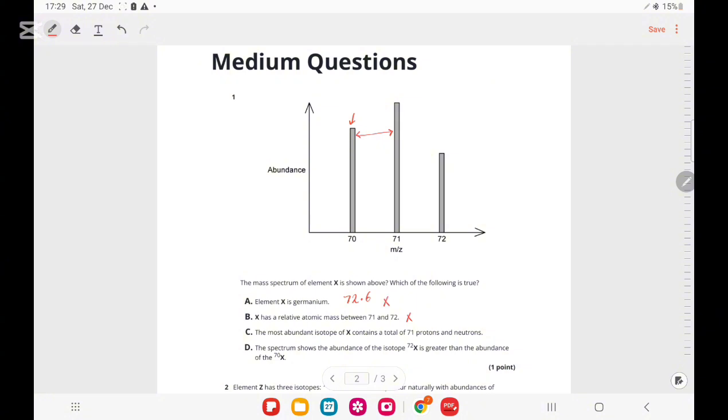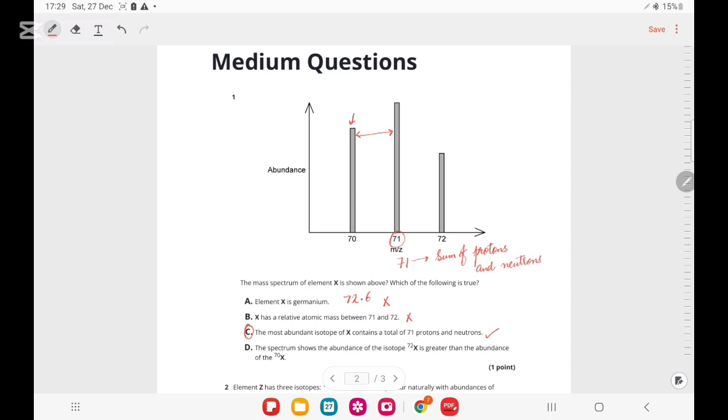The most abundant element of isotope X contains a total of 71 proton and neutron. This is absolutely right. Why? Because this is the most abundant peak. And its atomic mass is 71, which is basically the sum of protons and neutrons.